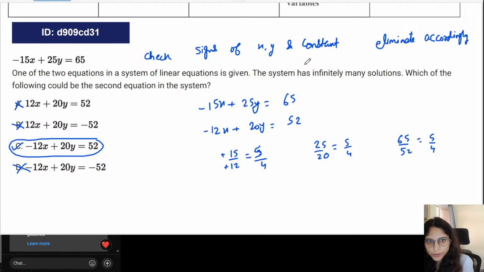So what we're looking for, x should be different, y and constant have the same sign. Because sometimes the signs will be exactly opposite of this as well. So y and constant have the same sign, x should be different. Y and constant have different signs, not going to work. Same sign, different sign, not going to work, x should be different. Option C is the only one.